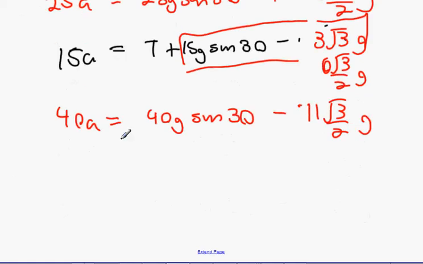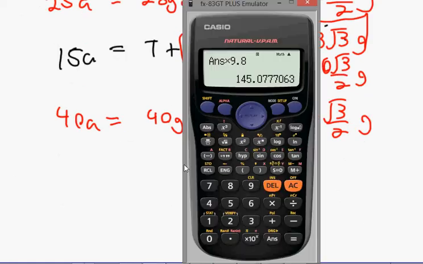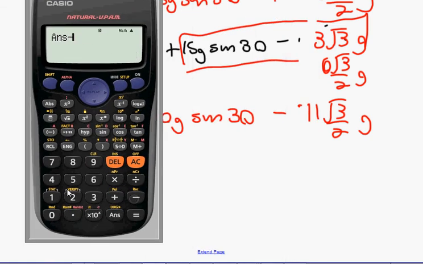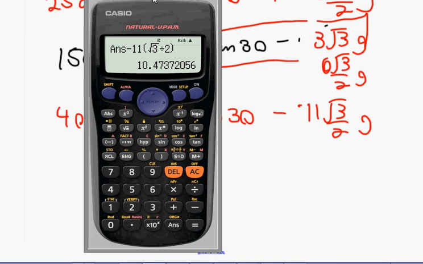Okay, and then what we could do there is 40 sine 30, which gets me 20, and then 20 minus 11 times root 3 divided by 2 is that there, which is 10.47.